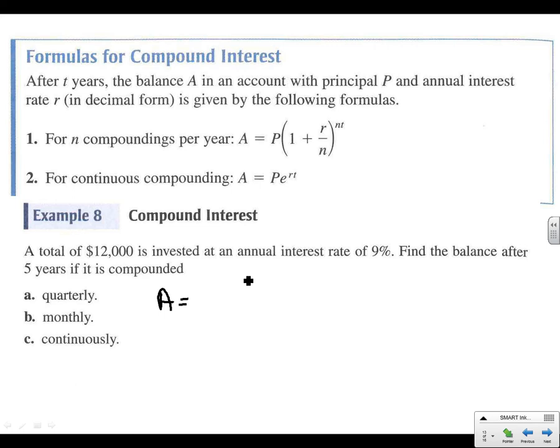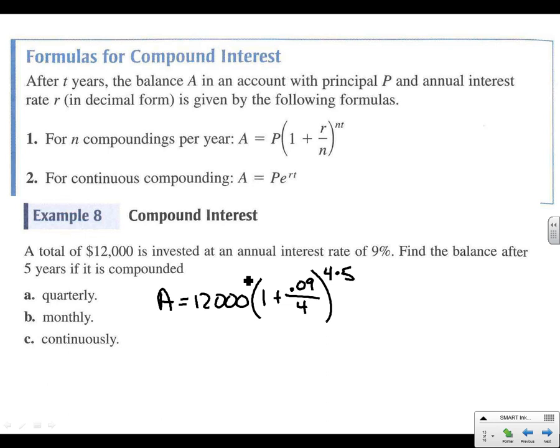The principal, P, is 12,000. 1 plus, what's our rate? 0.09. We want to put in 9% as a decimal. And then n is how often we're compounding. Quarterly, we're going to compound 4 times a year. And so again, n is 4, and t is how many years we're doing this for.